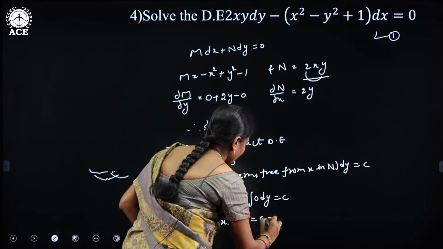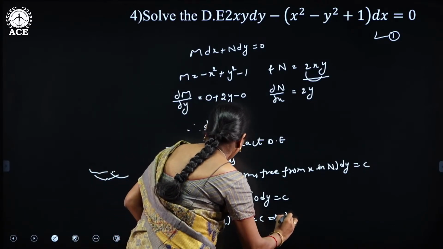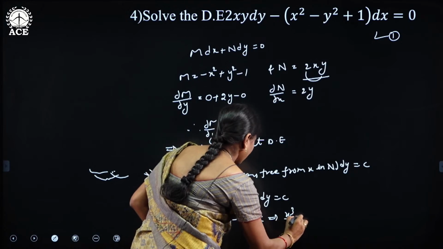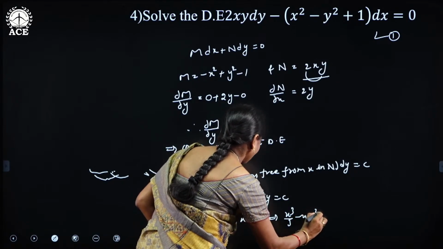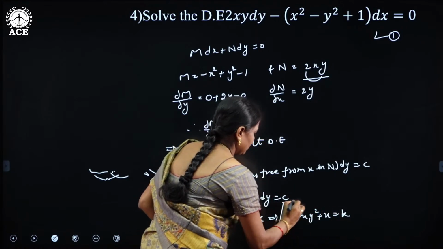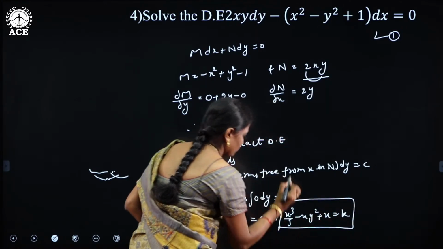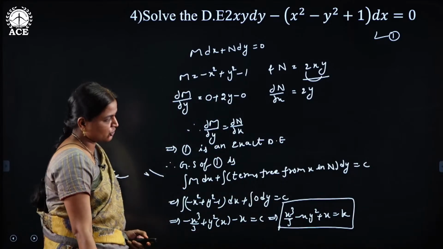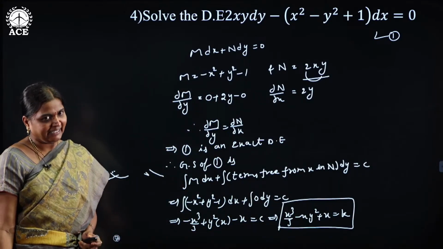So rewrite this one: x cube by 3 minus x y square plus x is equal to c. So this is the required general solution of the given differential equation.